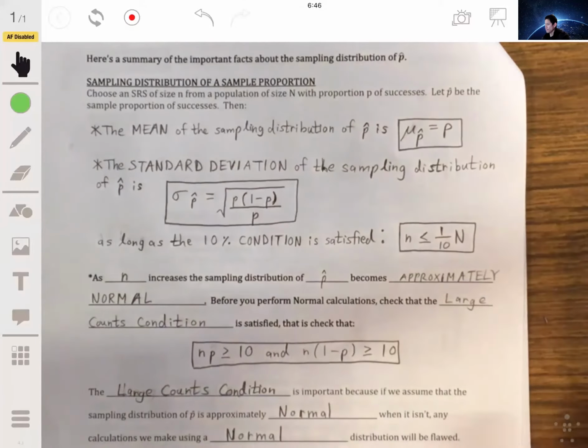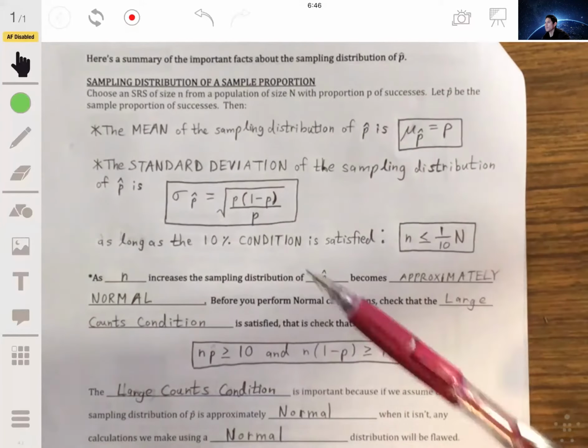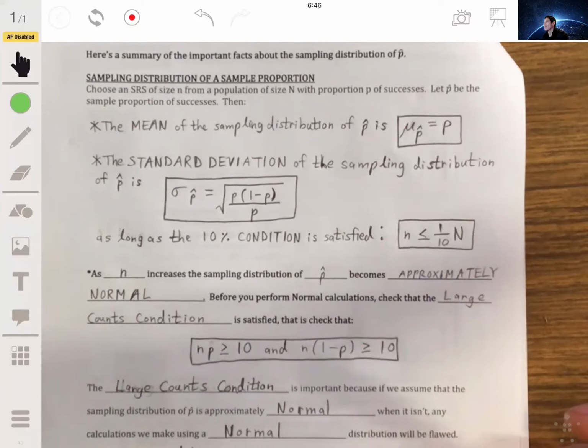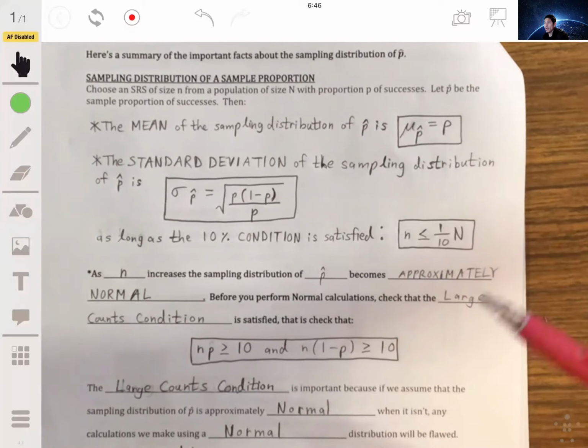All right, so all those behaviors lead to this. They basically lead to us being able to have formulas for the standard deviation of the sampling distribution of p hats, and us also being able to use normal approximations, but it has to satisfy certain conditions.